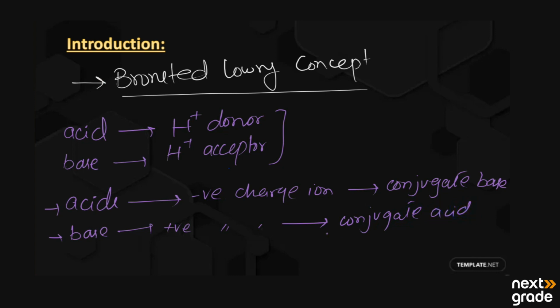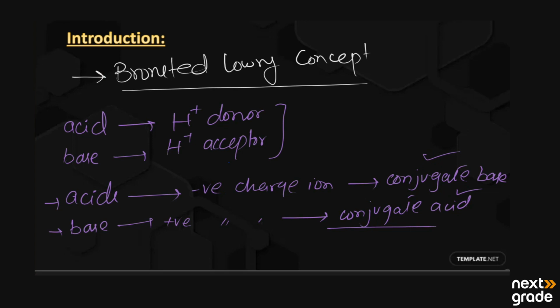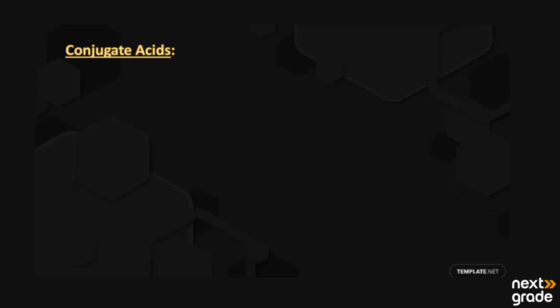Now why is this known as the conjugate base and conjugate acid? What properties are the main constituents for this concept? So let's have a look. First we have the conjugate acids.